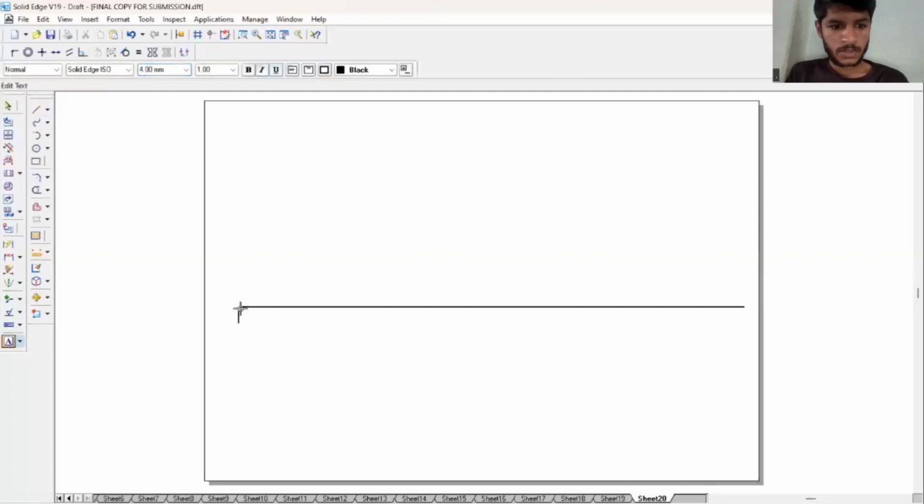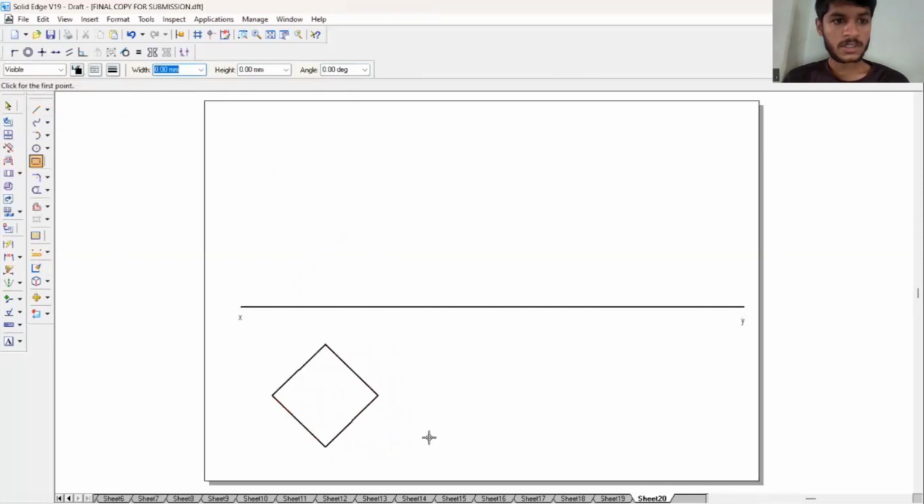Okay guys, now let's draw the projections. Let's draw the XY line, which must be thin. Let's give the text and draw a square of 40 width and 40 height.